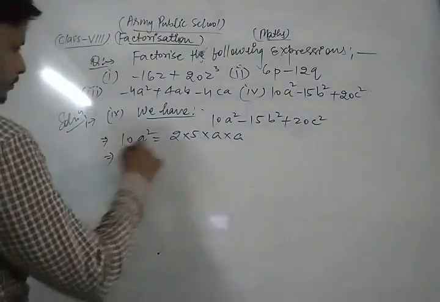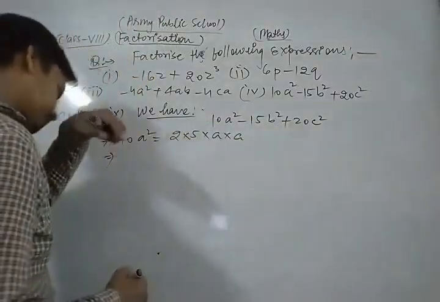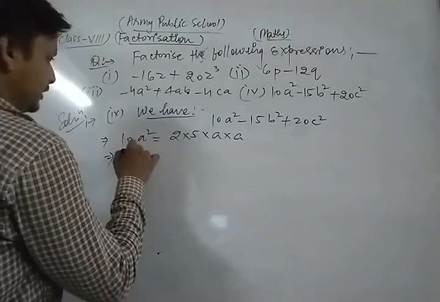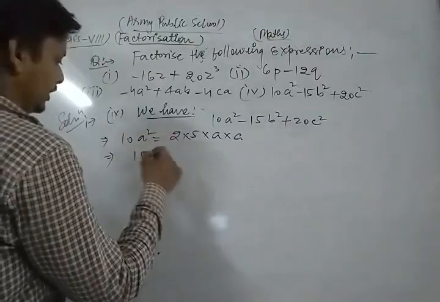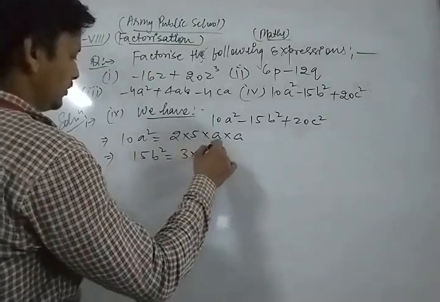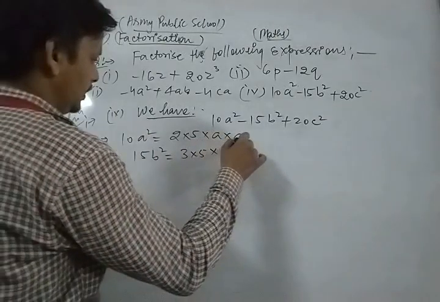Now in the second term, 15b square, we can write 15 as 3 into 5 into b into b.